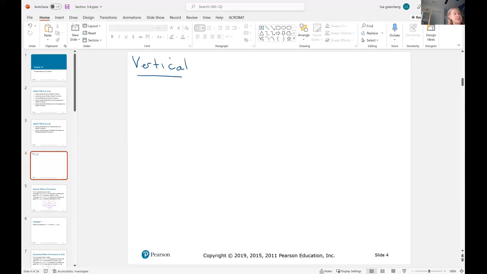Okay, so the first thing we're going to do is stretching and compressing graphs vertically. So what that means is, let me first write down what it looks like. So if I have a function, let's just call it f of x, and let's say f of x is equal to the square root of x, okay?